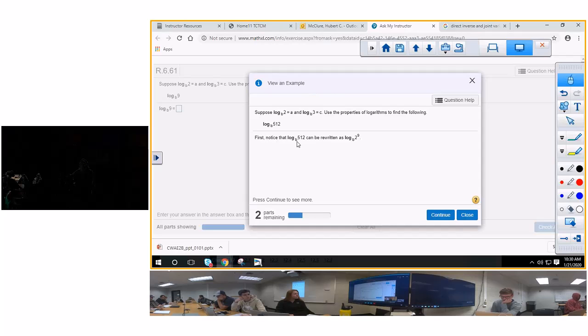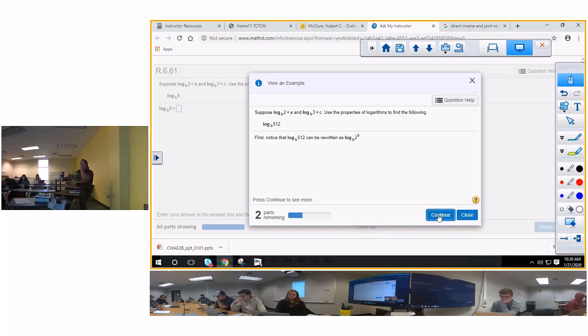First, notice that 512 can be rewritten as 2 to the 9th power. So this is going to be 3 to the 2nd power. And log base 3 to the 2nd power is equal to 2, okay, and log base B of 2 is equal to A, and you plug that A in there.